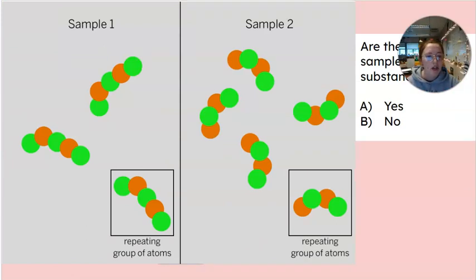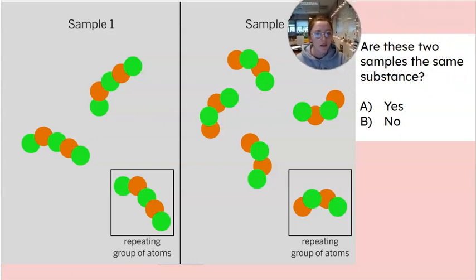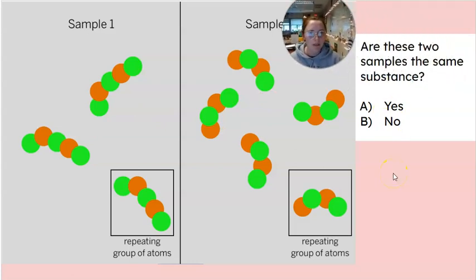What about this question? Are these 2 samples the same substance? Sample 1 and sample 2. So look at our colors. Do you think these are the same? Yes or no? These are not the same because sample 1 has 3 greens and 2 oranges.